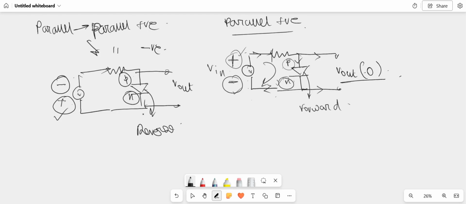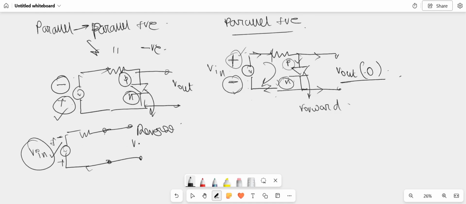As this diode becomes reverse biased, this circuit becomes open. So during this time, this circuit becomes like this. This diode acts as an open circuit. So the voltage that we are getting at this particular point, suppose V in for the negative half cycle, we will be getting that particular voltage at V out here. So during this time, we will be getting the output voltage.